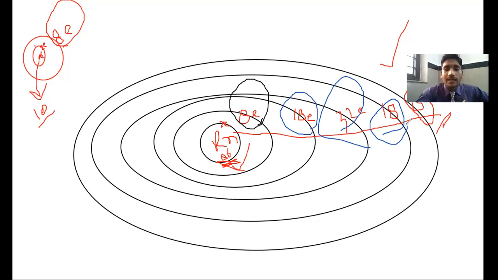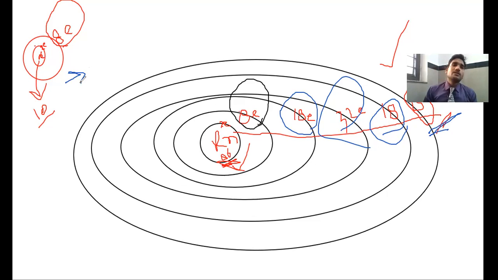Okay, what is shielding? They are shielding the outermost electron from getting attracted by the nucleus. That's why it is easy to remove one electron from the outermost shell of radon atom as compared to the neon atom, right? That's why as we go down the group, the ionization enthalpy keeps on decreasing.